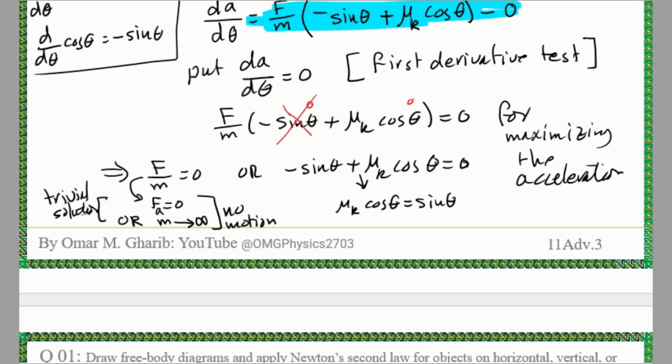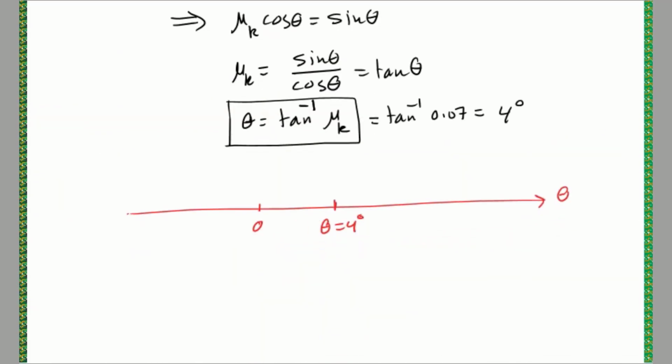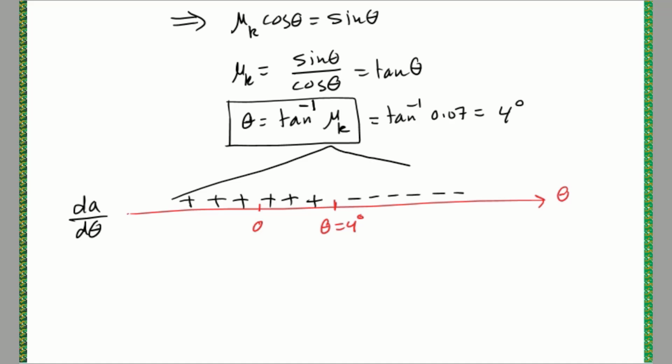So dA by d theta, if theta is 0, is positive. So in this area we have positive numbers for the derivative, and here negative numbers. This is the sign of dA by d theta. The positive means increasing, then here negative means decreasing. So at theta equals 4, we have a maximum, which is what we are seeking.